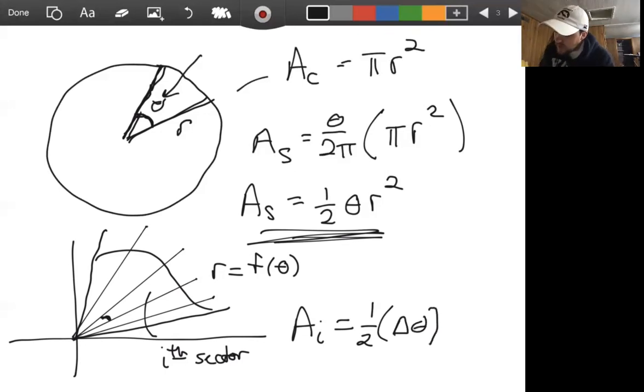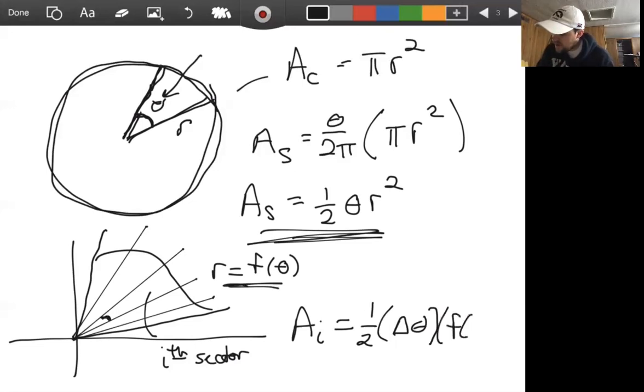But we know that r is not necessarily fixed. When it's a circle, r is fixed. But in general, for some function in polar coordinates, r is not fixed. So we need to take r as f of theta i squared. We want f of theta i, right? We want the length of the ith sector.